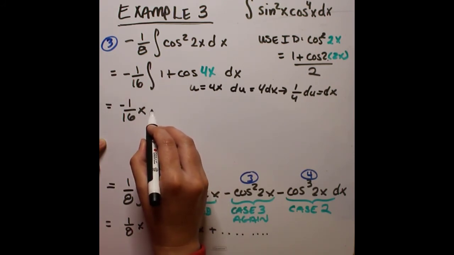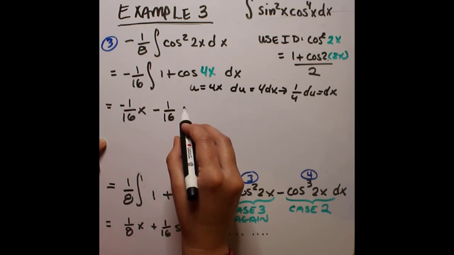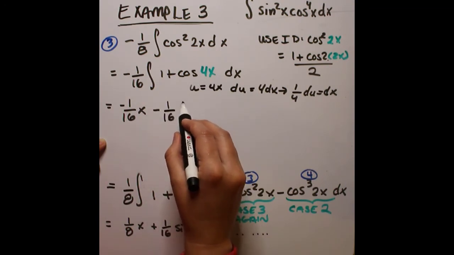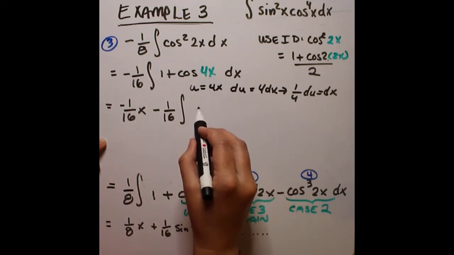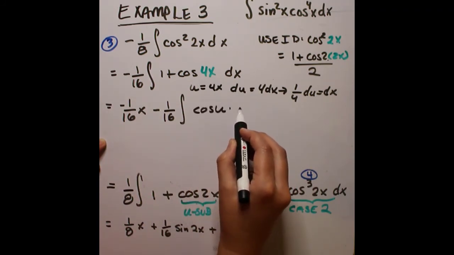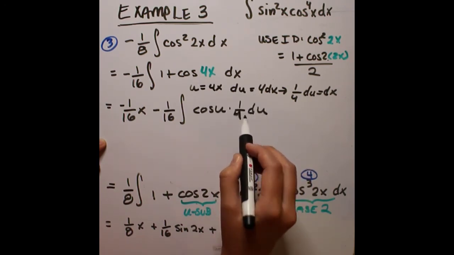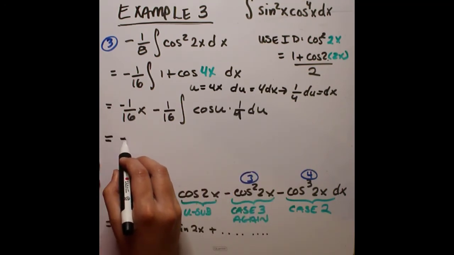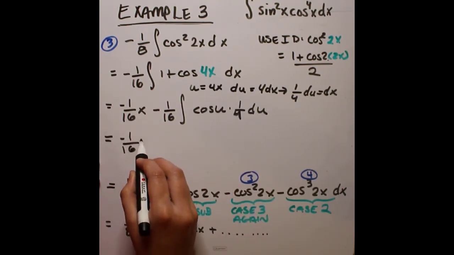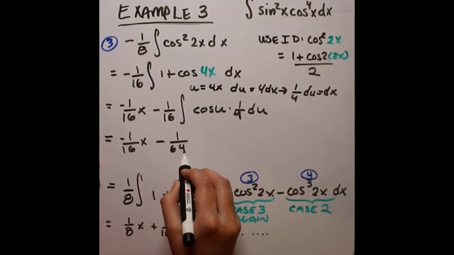Then we have, let's go ahead and distribute this, so this is negative 1/16, and then I actually, let's not skip any steps. Let's plug this in. We have cosine u times 1/4 du. Okay, this is a 4. And so this becomes, if I take this 4 on the bottom out, let me just rewrite this first term really quick. 4 times 16, this becomes 1/64.